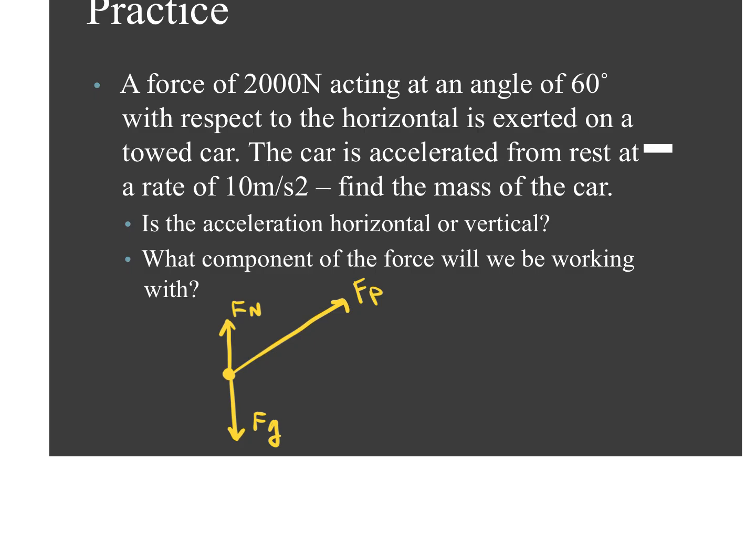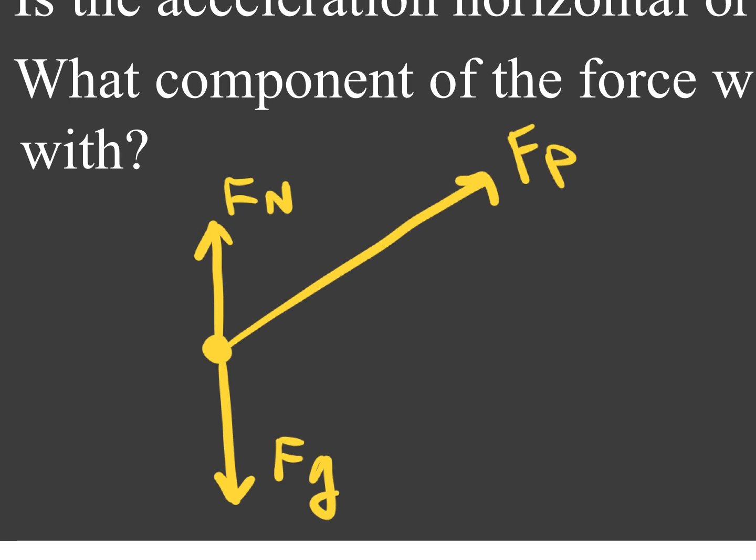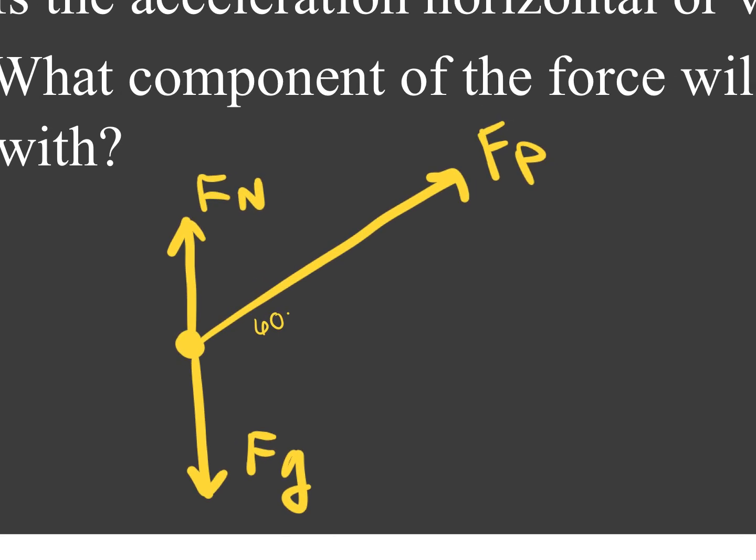And our 60 degrees says with respect to the horizontal. And so all that means is that here's our horizontal, right here, our horizontal line. And so the 60 degrees is just upward from that. So our 60 degrees fits right in here, 60 degrees. Okay, and of course we'll break this into its X and its Y component.